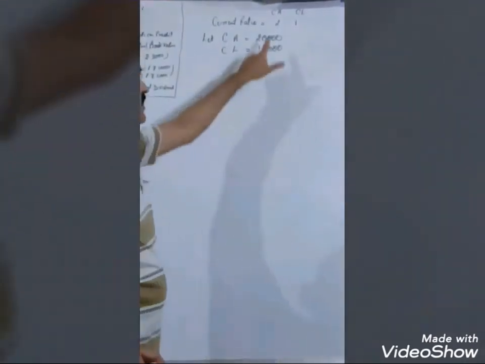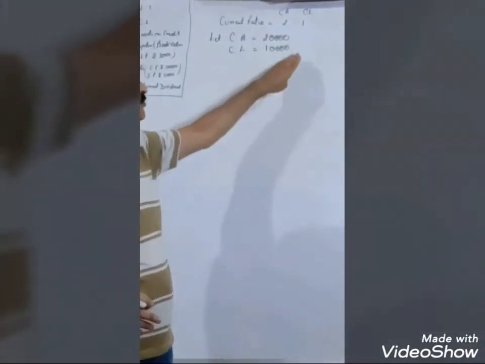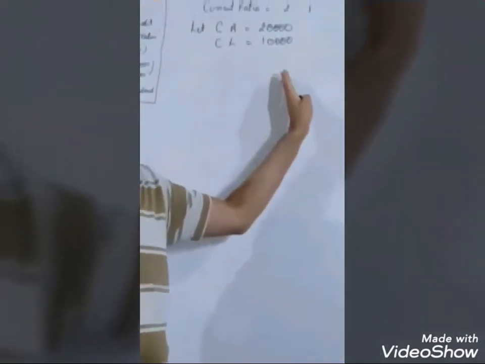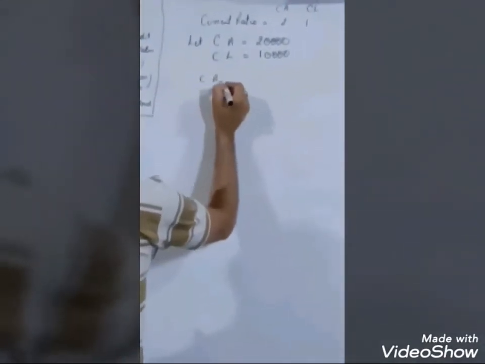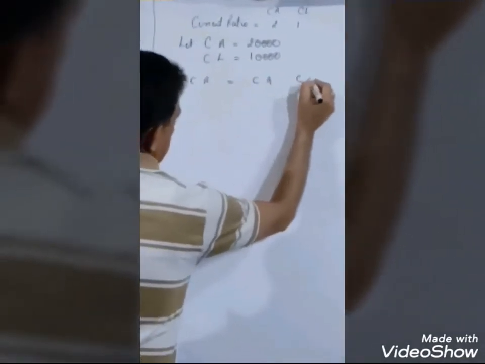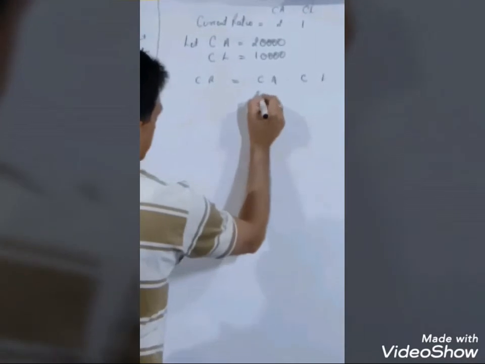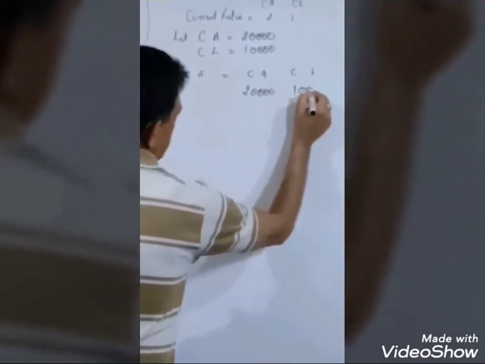On the basis of the given ratio, we assumed current assets to be ₹20,000 and current liabilities ₹10,000. Current ratio is equal to current assets to current liabilities, that means 20,000 and 10,000.